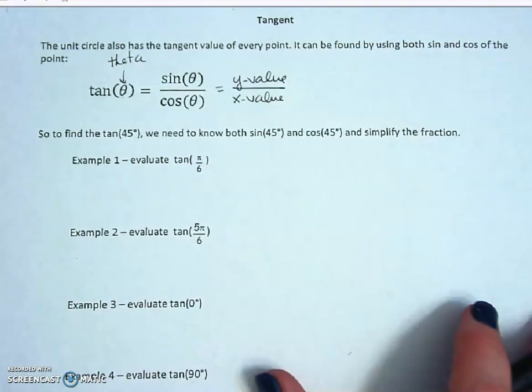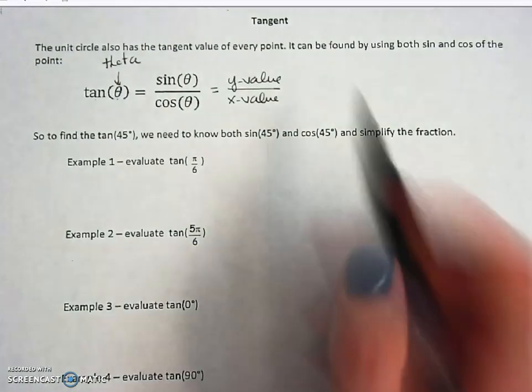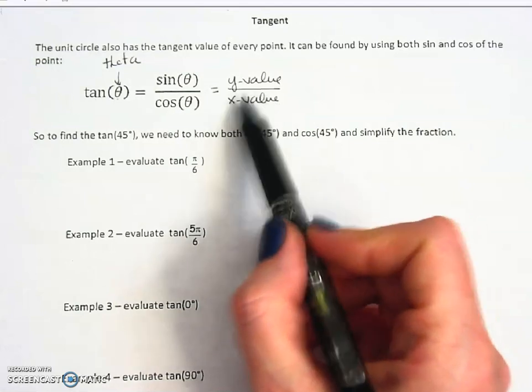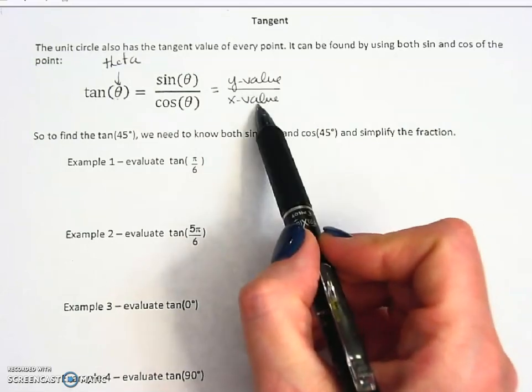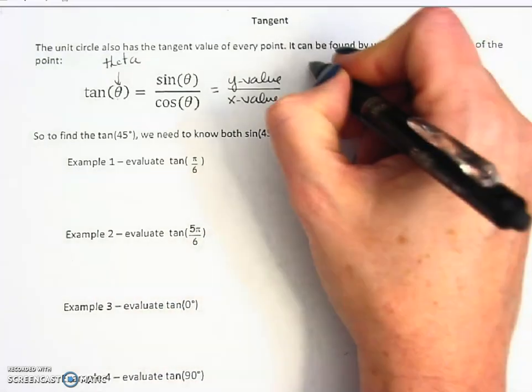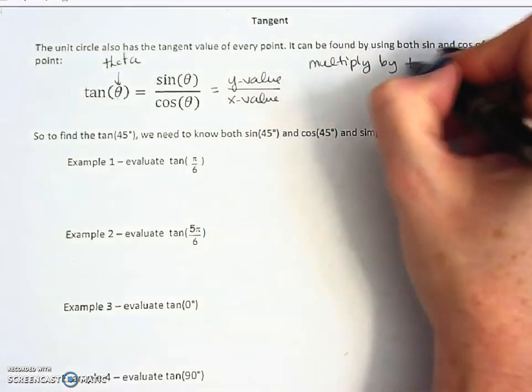Now, if you noticed, most of the x values on your unit circle are fractions. So when we plug them in here and we have a division with a fraction on the bottom, what we're going to have to end up doing is multiply by the reciprocal.